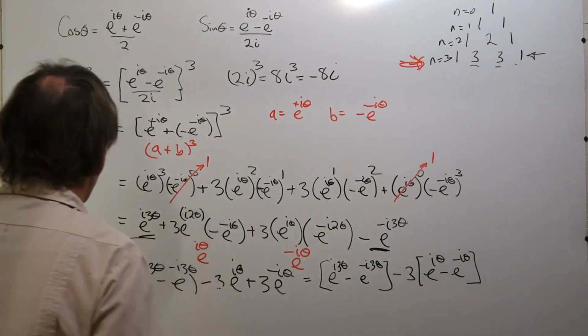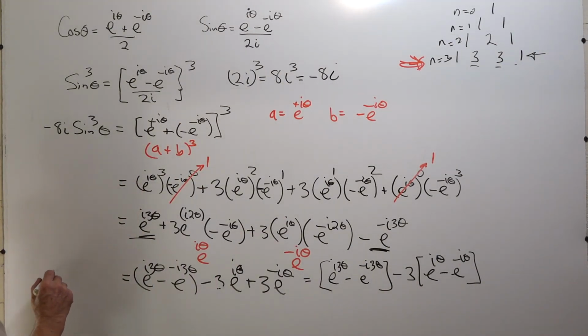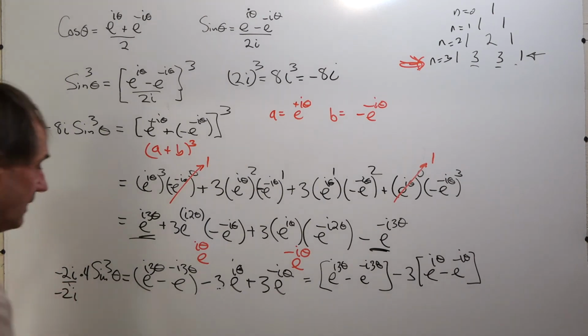There. Now this is equal to, I'm going to split the 8 up as minus 2i times 4 times the sine cubed theta. This is minus 8i. Now I can divide through by a minus 2i on both sides.